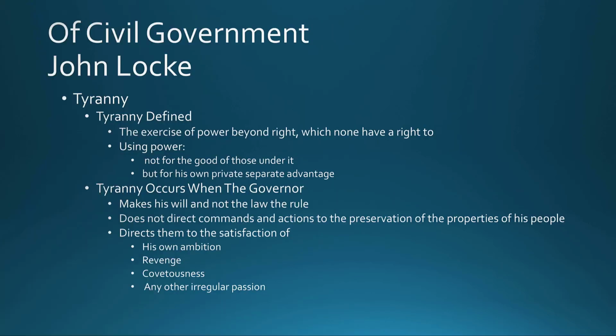Our last thing for Locke is looking at the question of tyranny, because we're talking about rights. So what about limits on the government? Once we have civil society, according to Locke, what limits must governments supposedly respect? Now here, Locke's concern is with tyranny.